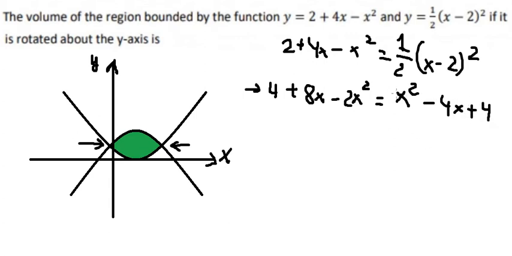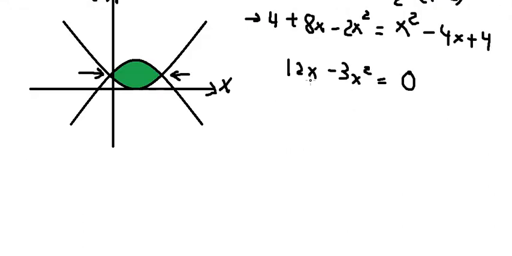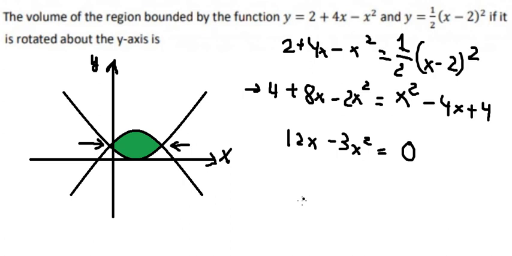Later, I will move this to the left. So negative 2x squared with negative x squared, we have negative 3x squared. 8x with 4x, we have 12x. 4 and 4 we cancel. And now we need to find the solutions of this one. We see that x and x, we can do factorization.